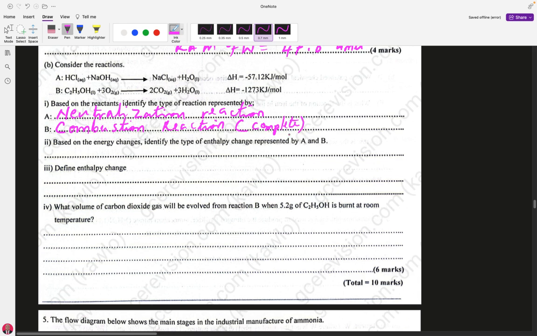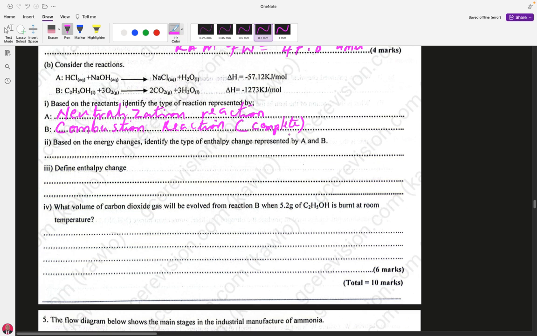It's a complete combustion. Now, based on the energy changes, identify the type of enthalpy change represented by A and B. A and B are both exothermic reactions.